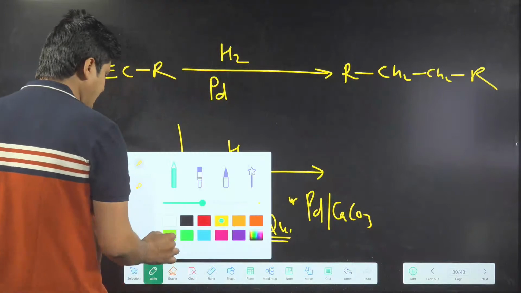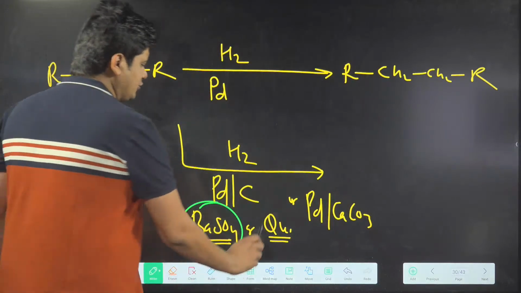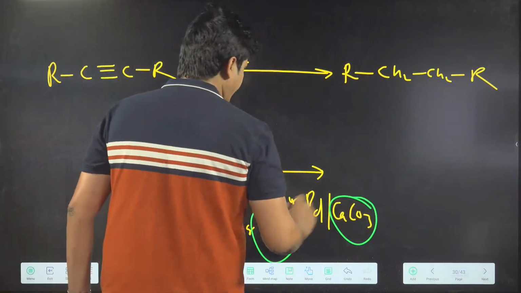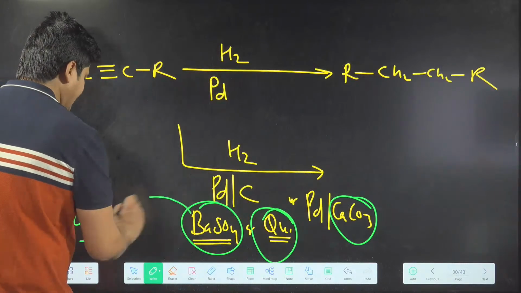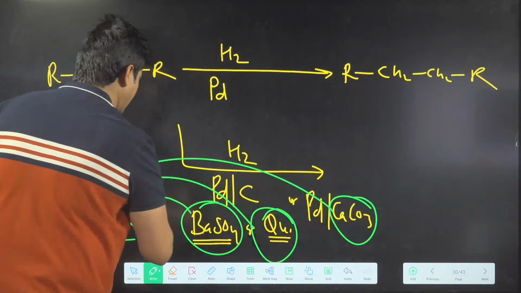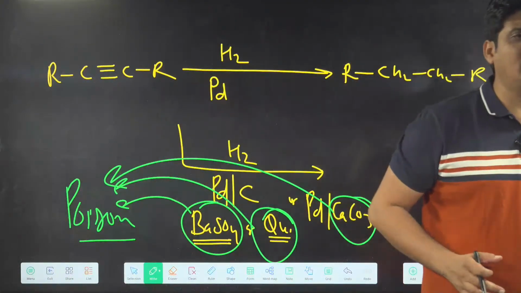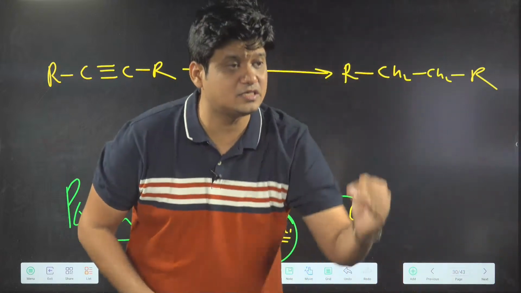So what will happen? This barium sulfate, this quinoline, this calcium carbonate, they are going to act as a poison. Due to these poisons, what will happen? Activity of catalyst gets decreased.